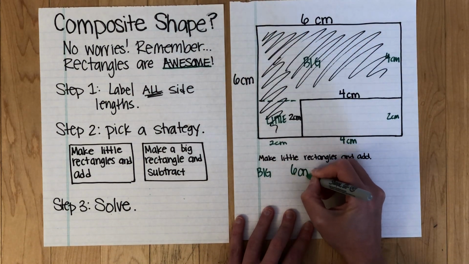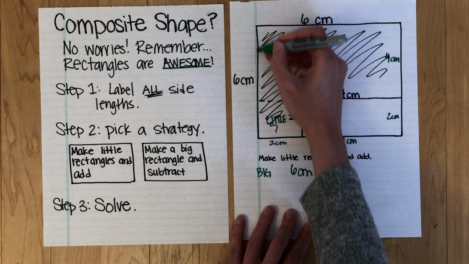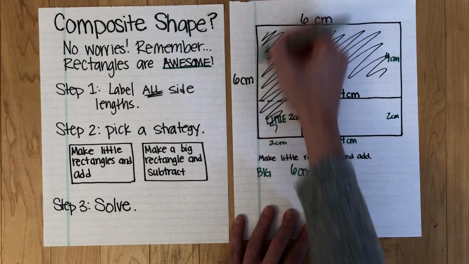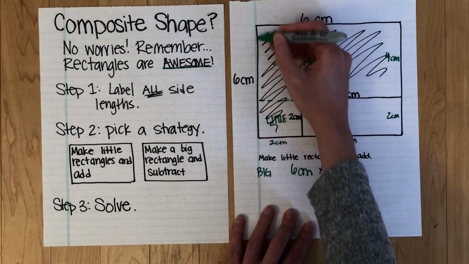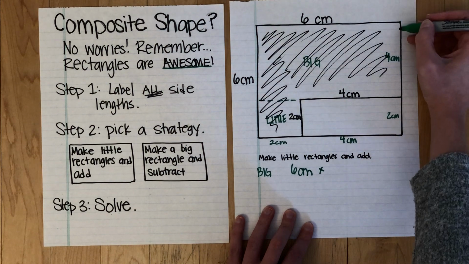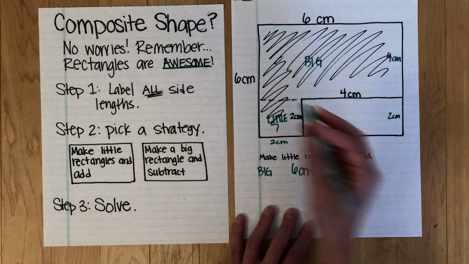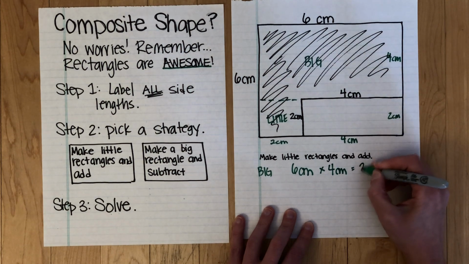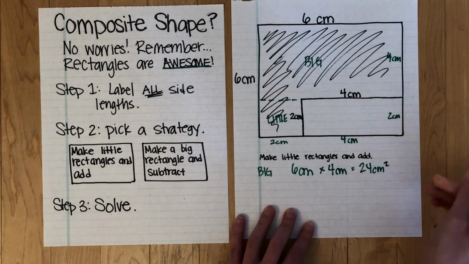So 6 centimeters times my side. Ooh, my side is not 6. This whole thing is 6. What is just this side? There it is, 4 centimeters, because I labeled all my side lengths first. 6 centimeters times 4 centimeters is 24 centimeters squared.